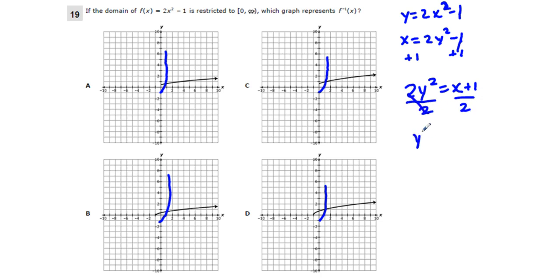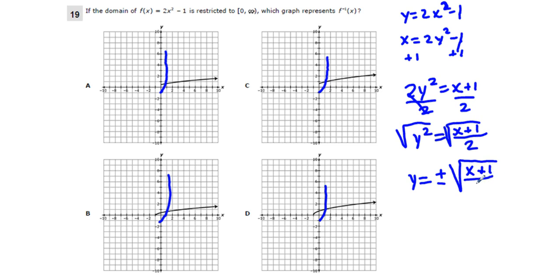We get y squared equals (x plus 1) over 2. And finally, if we take the square root of both sides here, we're going to get y equals plus or minus the square root of (x plus 1) over 2.